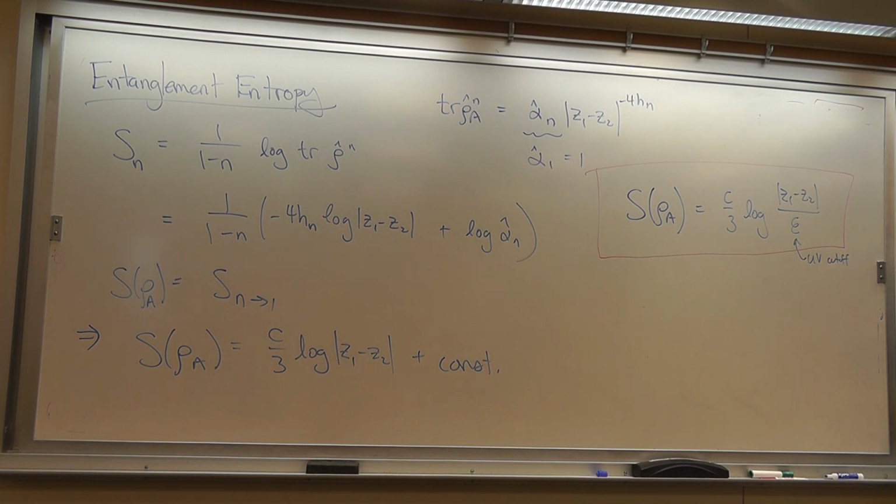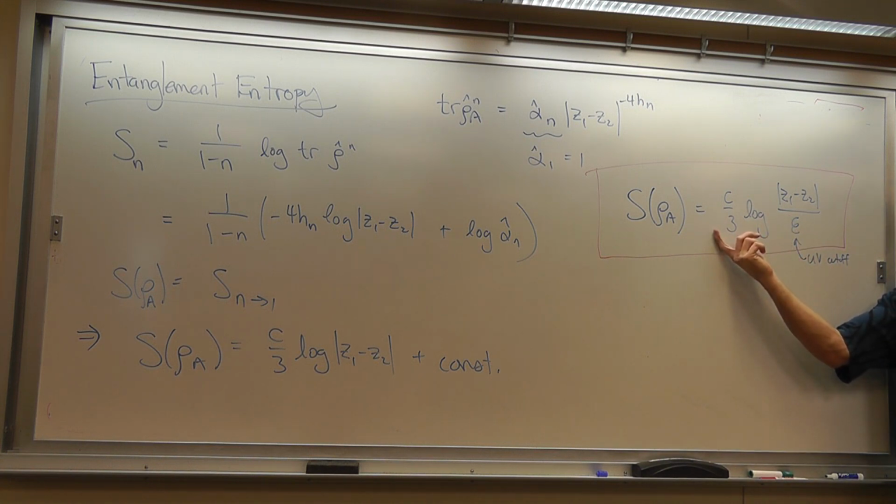So what's really meaningful about this formula is, first of all, that there's a logarithmic divergence. That's a meaningful fact here. You can't talk about whether it's epsilon or 2 epsilon. And secondly, the coefficient of the log term is c over 3. That's also physically meaningful.